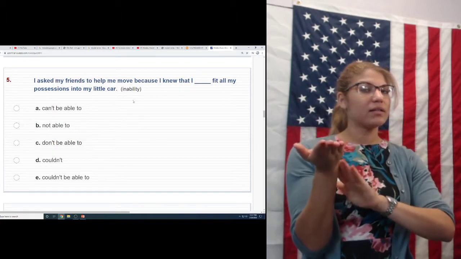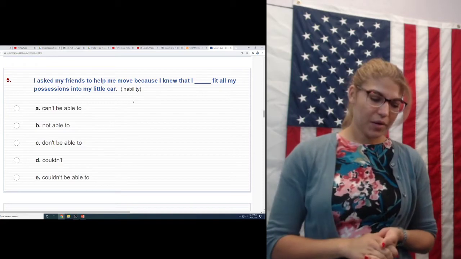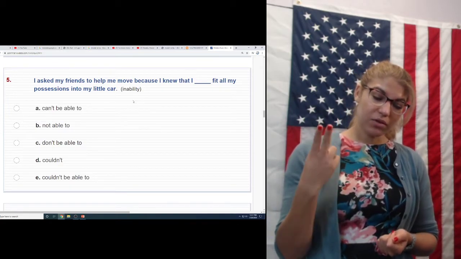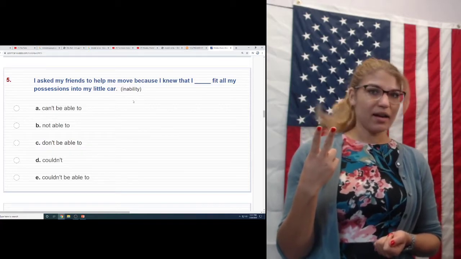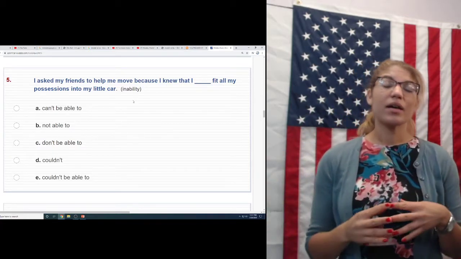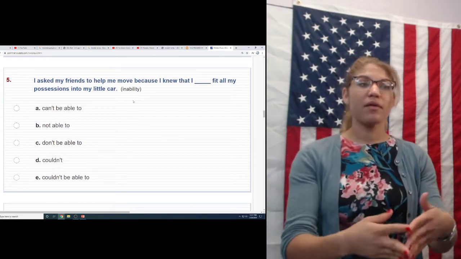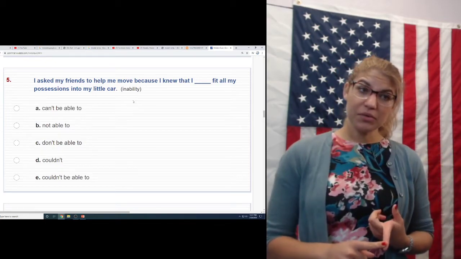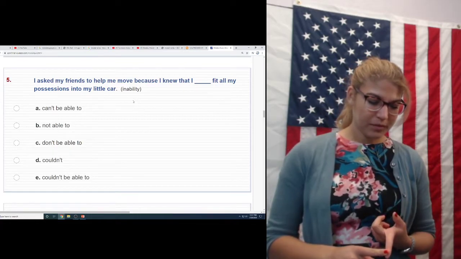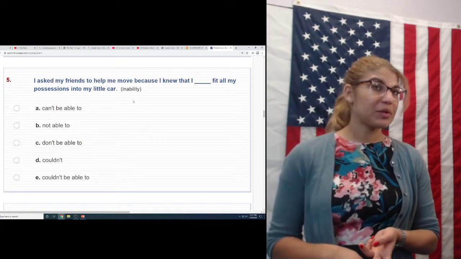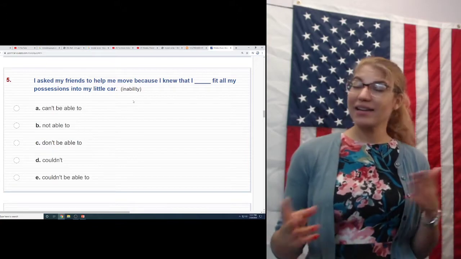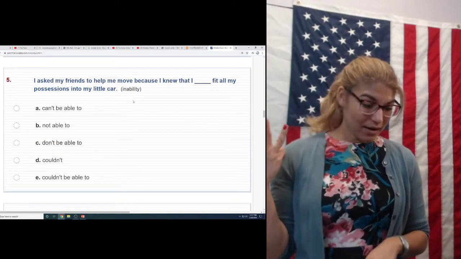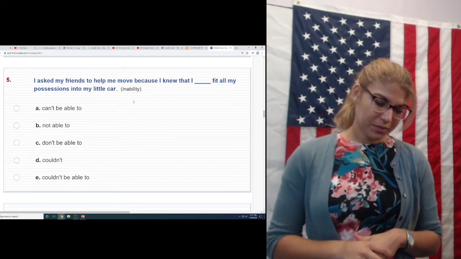It's either one or the other. I not able to, we also cannot use. Why? Because we need one form of the verb to be. And don't be able to is also negative, but we cannot say it like that. We must say, I am not able to.